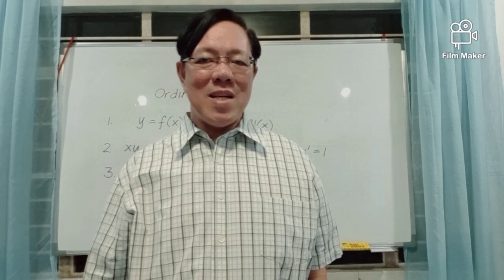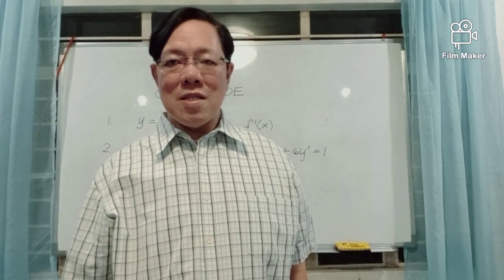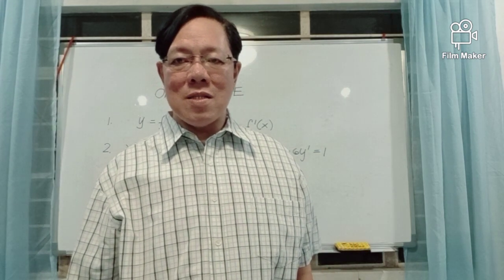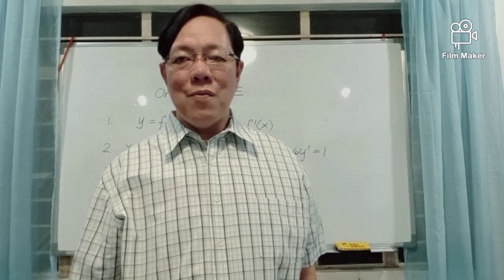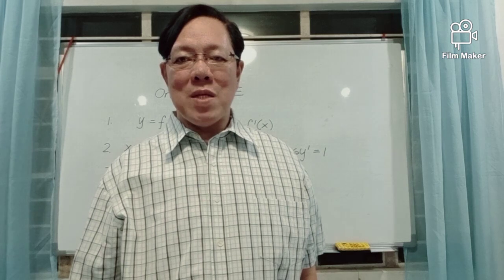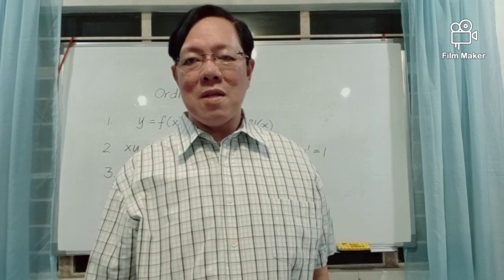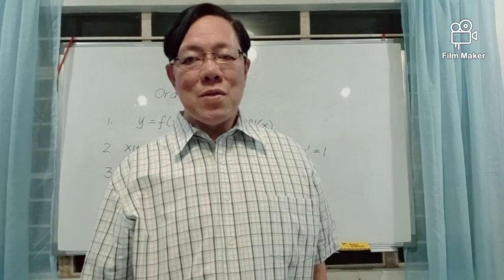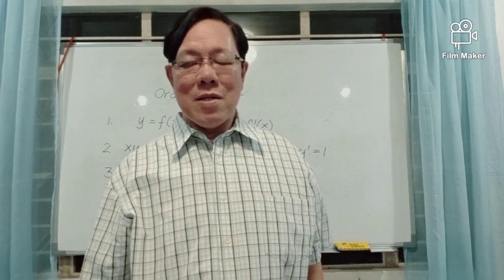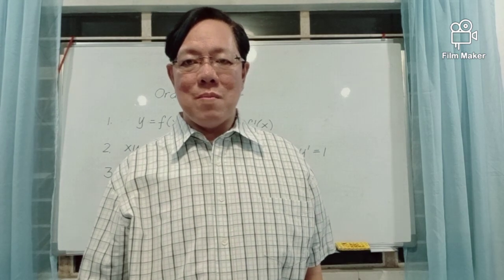What is differential equation? Differential equation is an equation that contains a function of one or more variables and its derivatives. Simply put, a differential equation contains derivatives, either ordinary derivatives or partial derivatives.